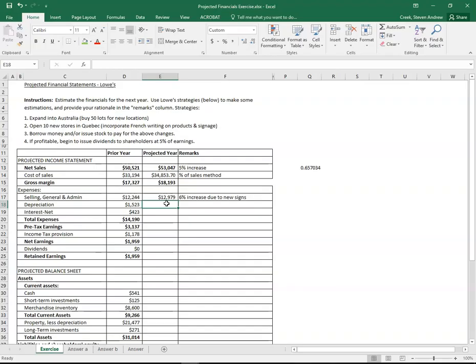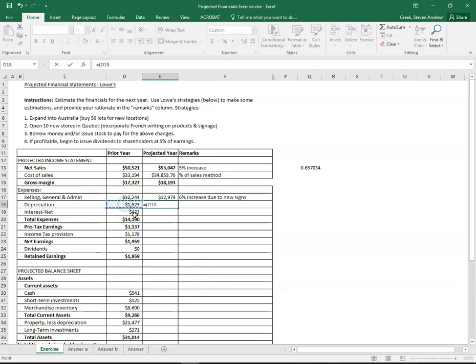And the way I like to do these columns is I just compare last year's value to another line item. So if depreciation last year was 1523, what percentage is that when we compare it to, say, selling general and administrative expenses? Mathematically, what that looks like would be, what's the percentage here?